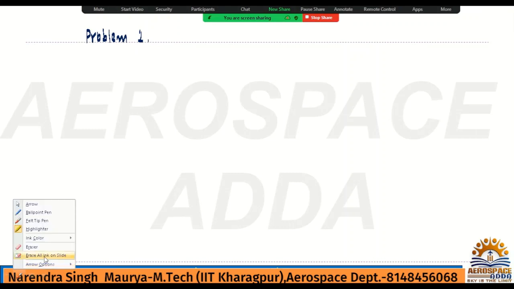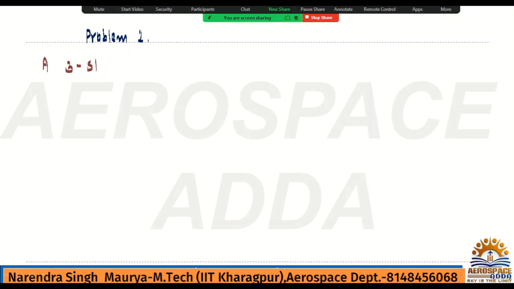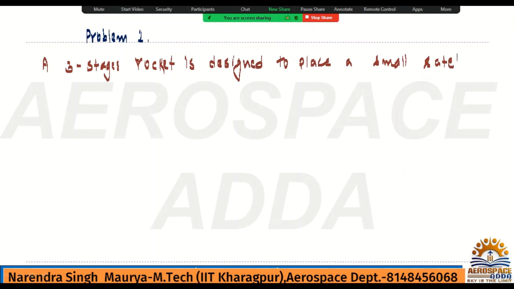A three stage rocket is designed to place a small satellite into the low earth orbit.